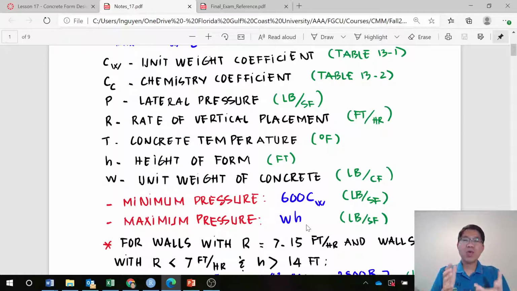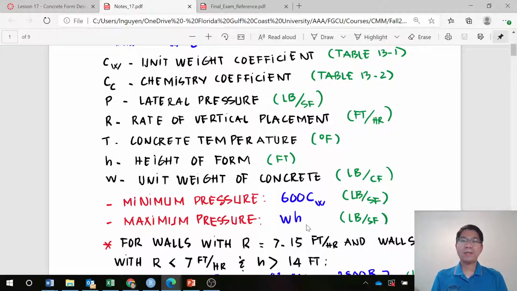I think WH is familiar to you when you study fluid mechanics, the water, for example. Then at the height H, the pressure of the water on the vertical surface will be WH. In that case, W is the unit weight of the water. But in this scenario, that is the unit weight of the concrete.